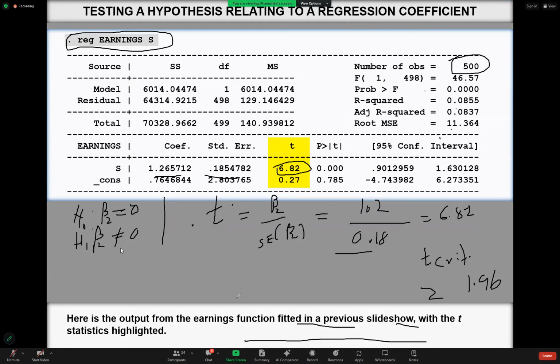Then you can compare the t value with the Z critical value. Z value is 1.96, t value is 6.82. Then it is high.